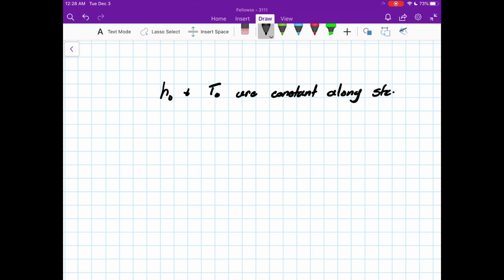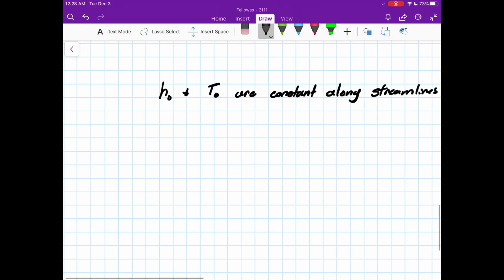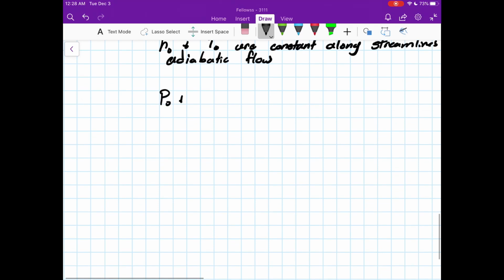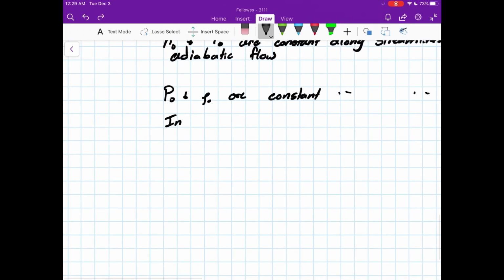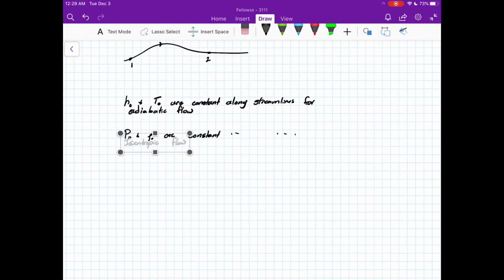along streamlines for adiabatic flow. And similarly, P naught and rho naught are constant for isentropic flow.